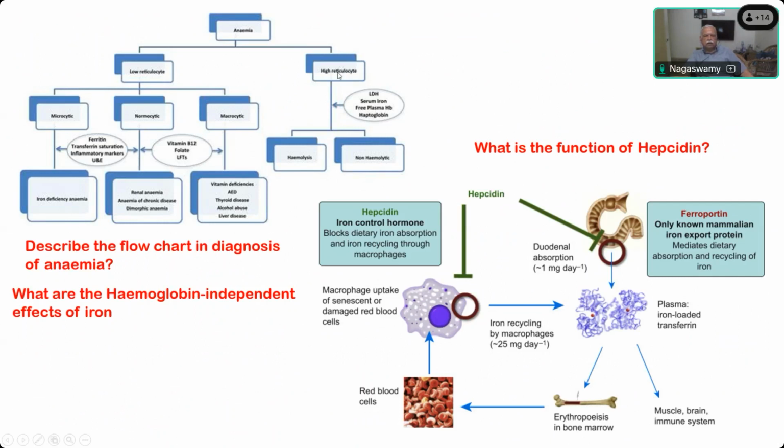And if it is a high reticulocyte count, these are the investigations you have to do: LDH level, serum iron, free plasma hemoglobin and haptoglobin. And it may be causing a non-hemolytic or hemolytic type of anemia. In this way you have to go for further investigations.